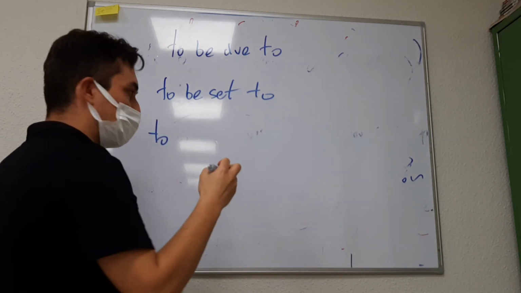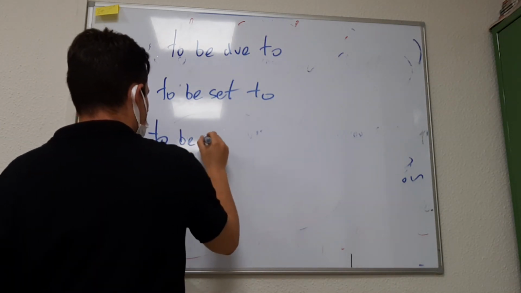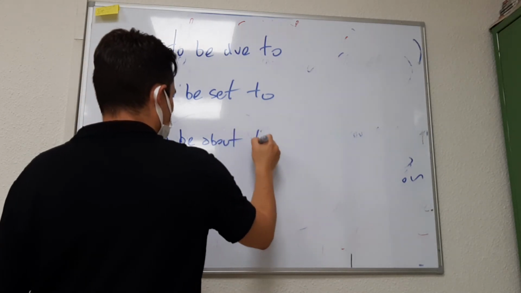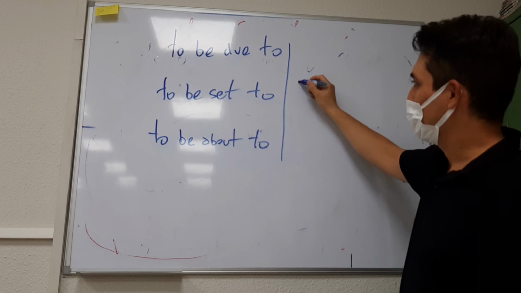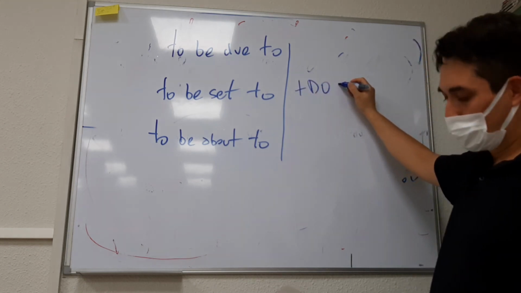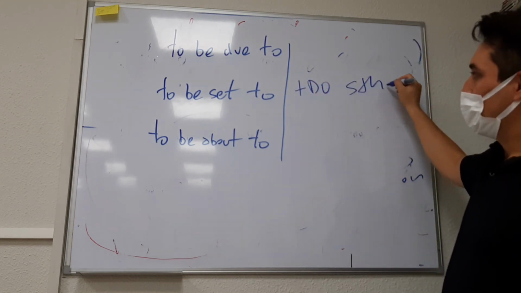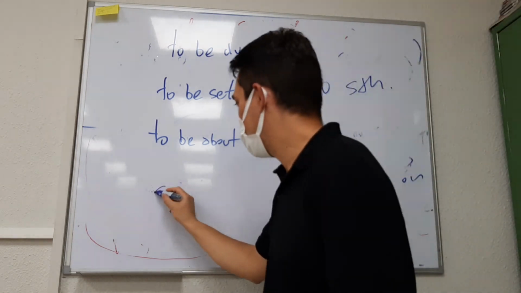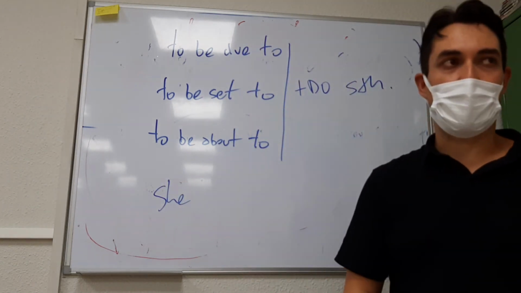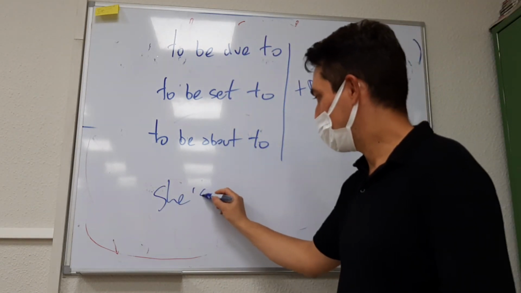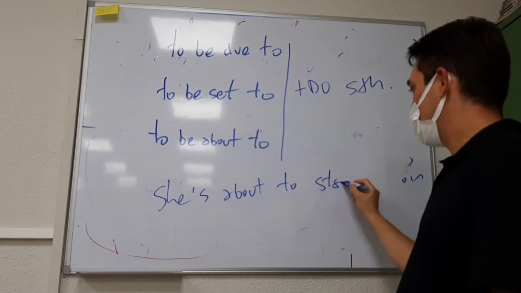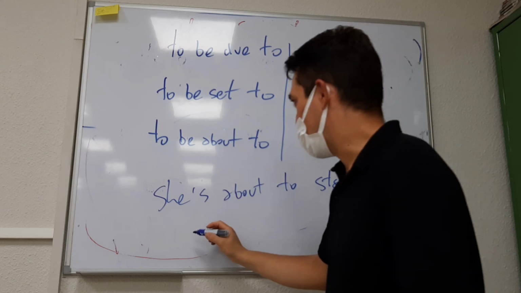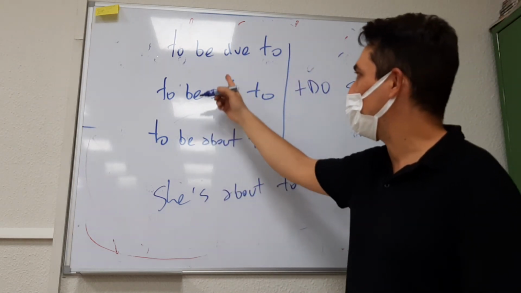That is what you said before, I think. To be about to. All these need an infinitive. About to do something. So, ella está a punto de comenzar. She is about to start. You could say she's set to start or she's due to start.